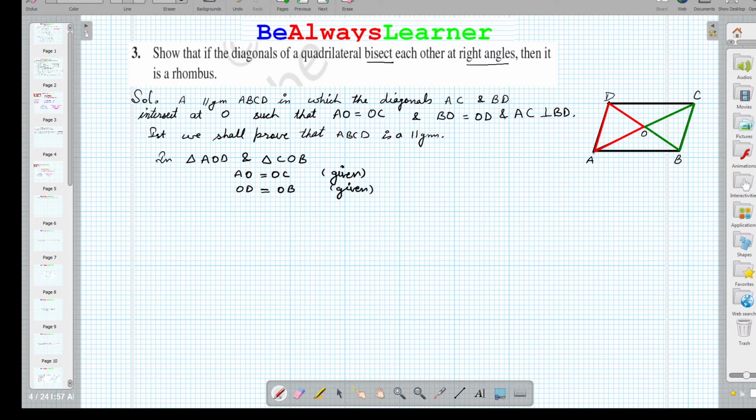Now angle AOD and angle COB are vertically opposite. So we can write vertically opposite angles are equal, angle AOD is equal to angle COB.